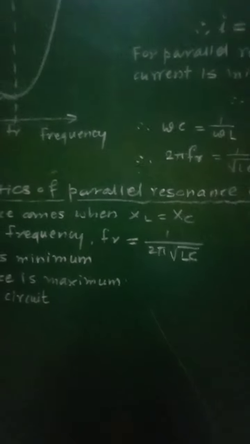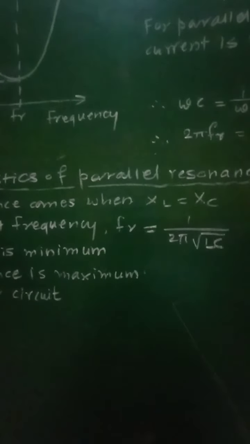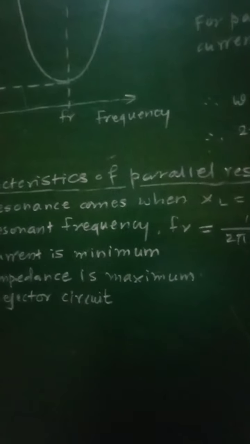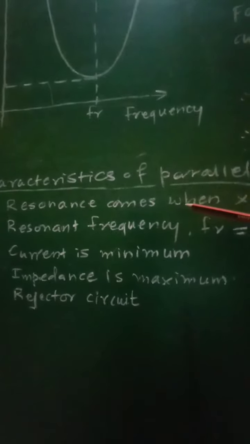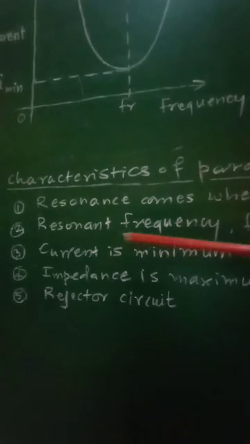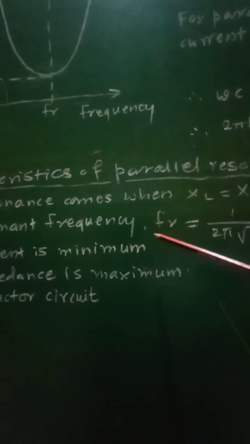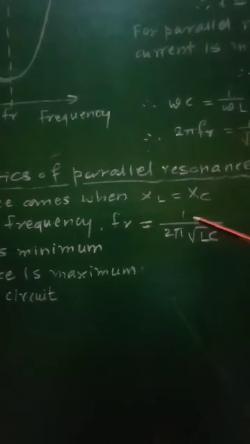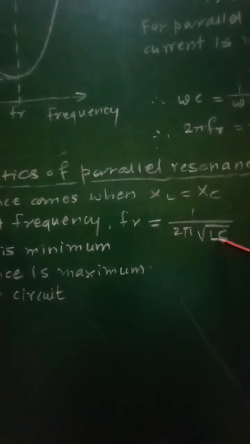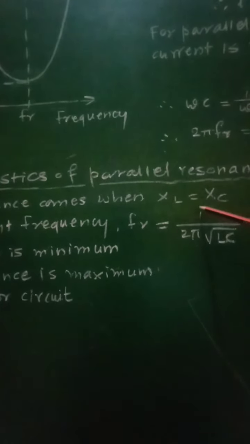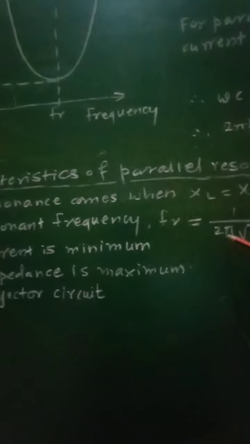So when inductive reactance is equal to capacitive reactance, at that time the resonance will take place. Second characteristic, the resonant frequency for this parallel resonance circuit Fr is equal to 1 upon 2 pi root LC.